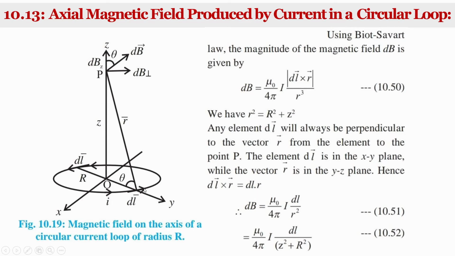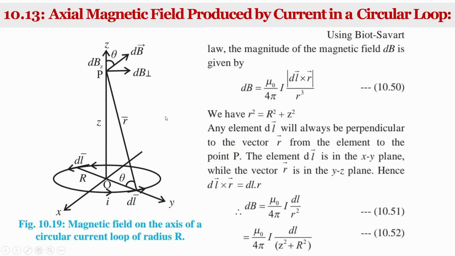Then according to Biot-Savart's law, the magnitude of the magnetic field dB produced at point P due to the current I flowing through the element dl is given by dB equal to mu naught upon 4 pi I dl vector cross vector r divided by r cube.